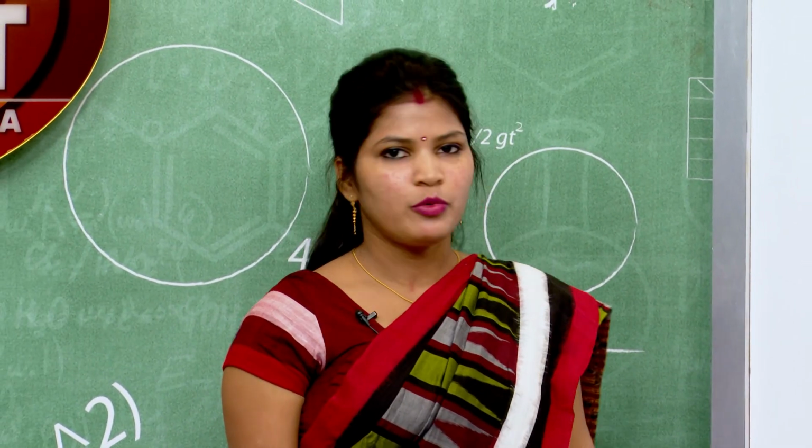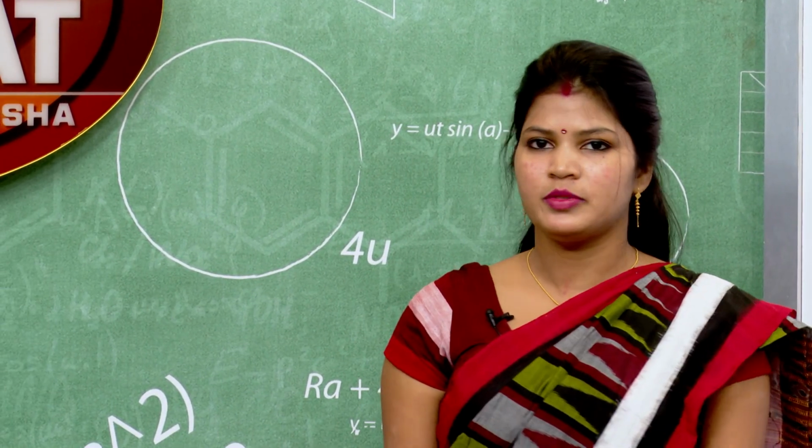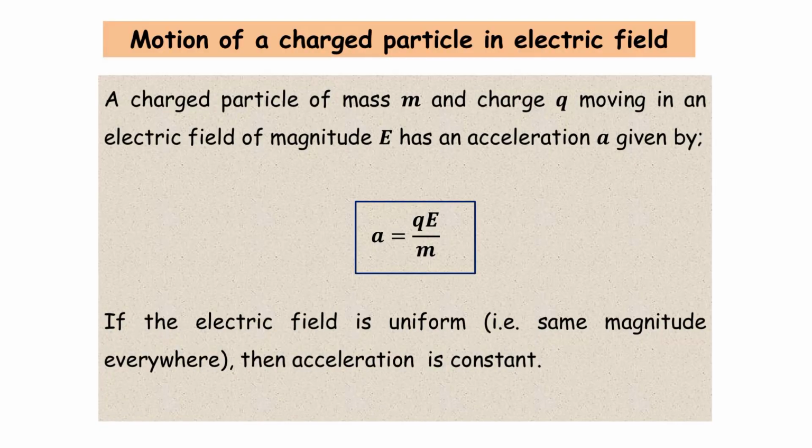When a charged particle of mass m and charge q moves in an electric field of magnitude E, it has an acceleration a given by a is equal to q E upon m. If the electric field is uniform, that means same magnitude everywhere, then the acceleration is constant.